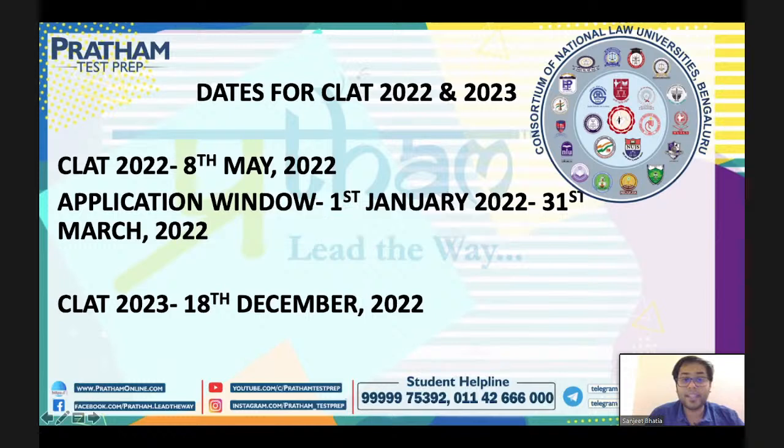Now, if you are looking to give the CLAT exam for 2023, then the exam is happening on 18th of December of 2022. So you can see that there is a lot of variation in the dates. So all the students who are going for this examination should make sure that they have started their preparation right now itself for CLAT of 2023, because that is very, very important, right?